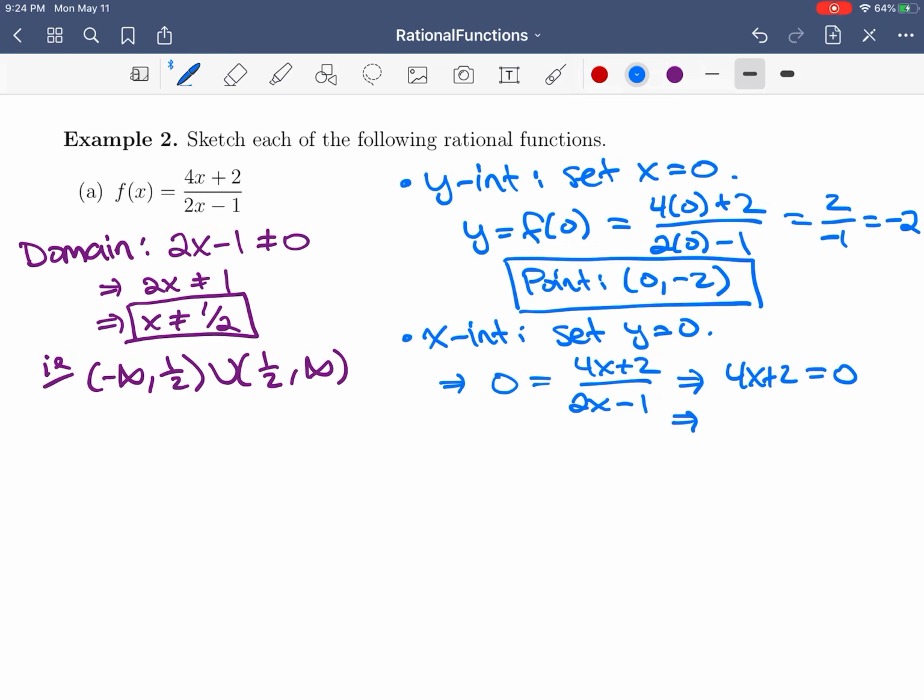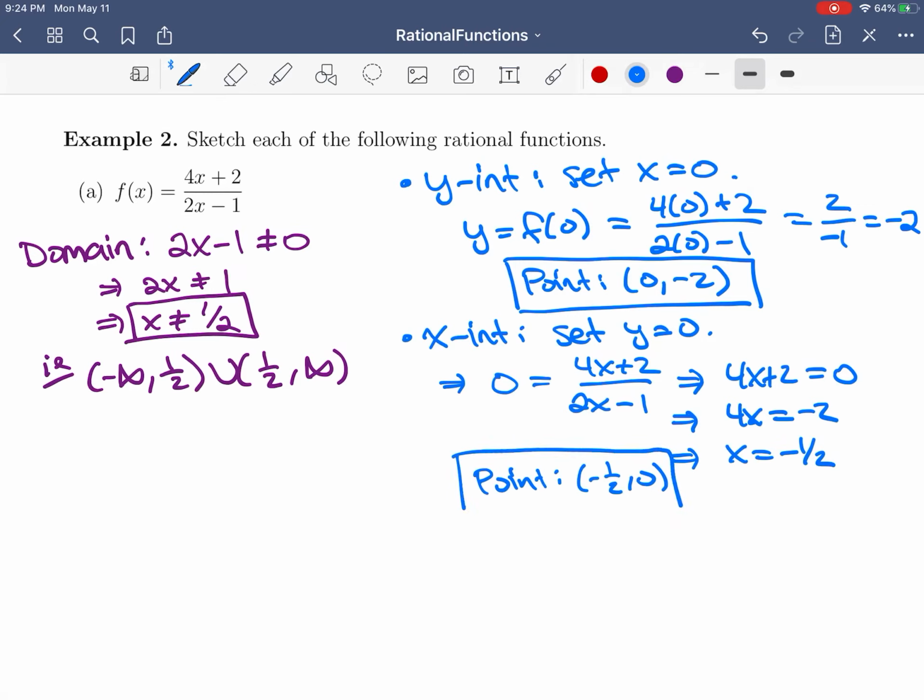So you can sort of ignore the bottom and just think about the top. If I solve this, it means that 4x is equal to negative 2, which means x is equal to negative 1/2. So my x-intercept is at negative 1/2, 0. Now I have 2 points on my graph.